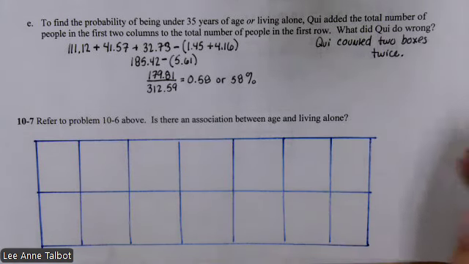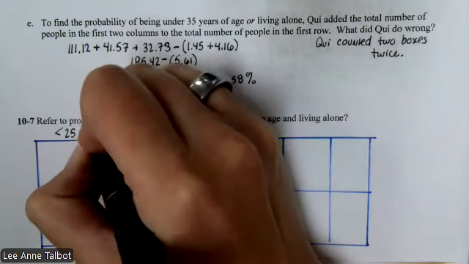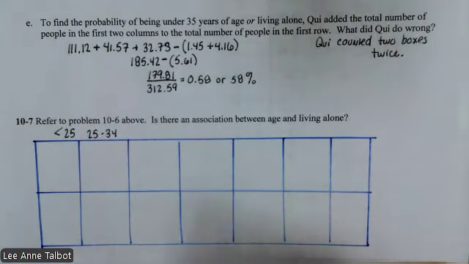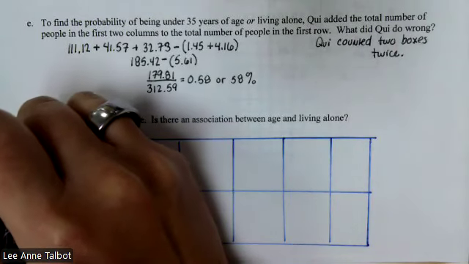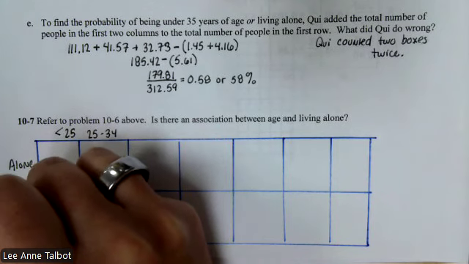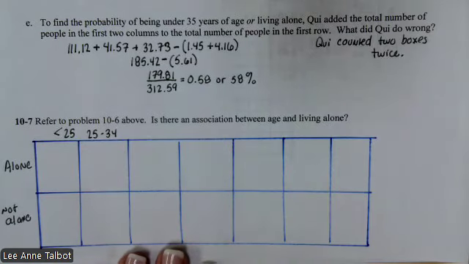Please do not judge me on the even spacing of these boxes. It is not good. Oh, true. 35 to 44.